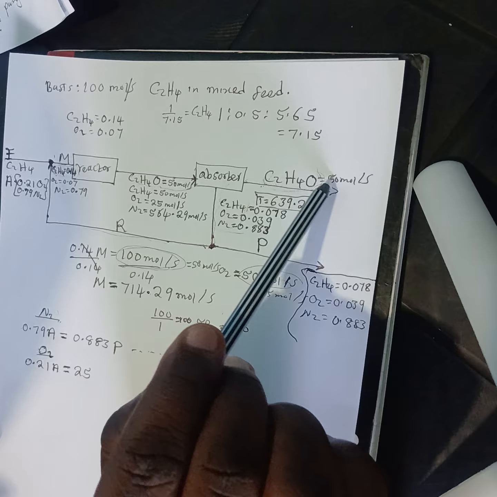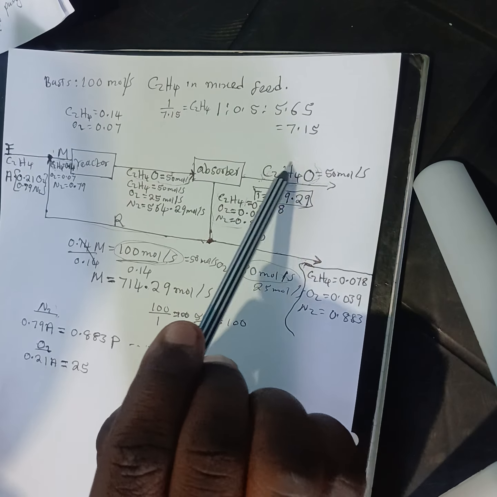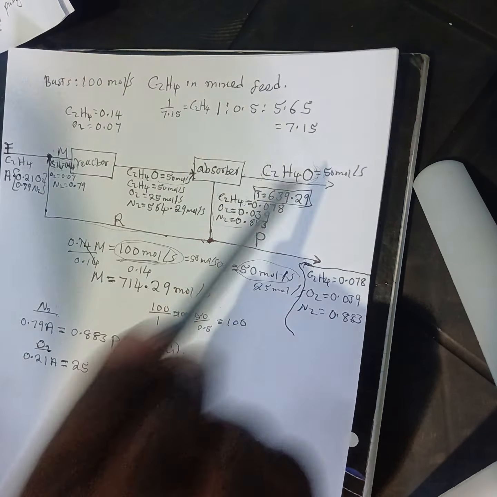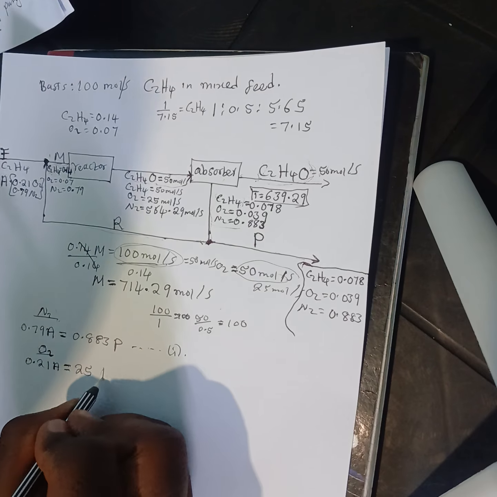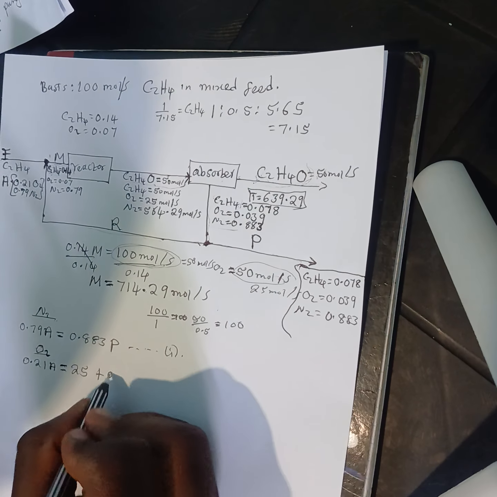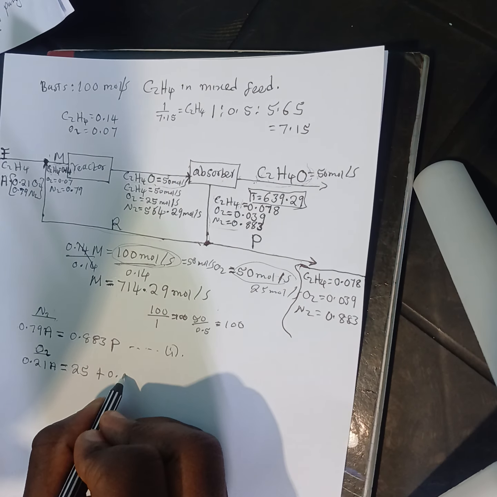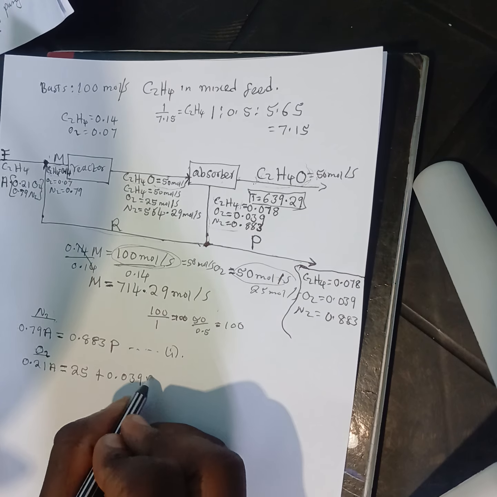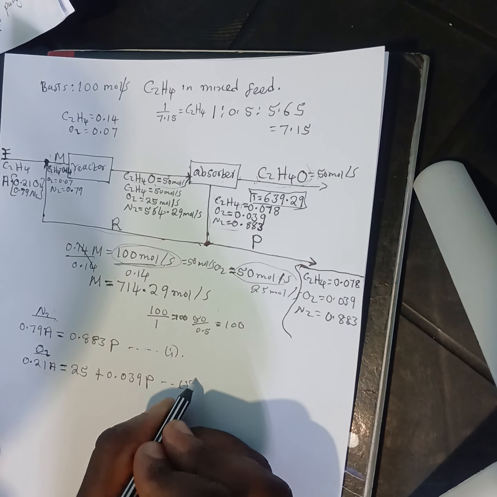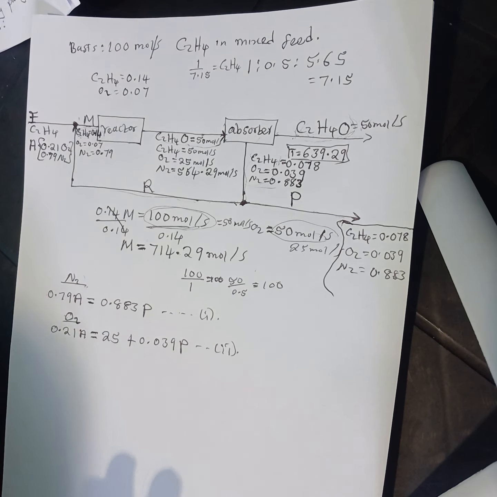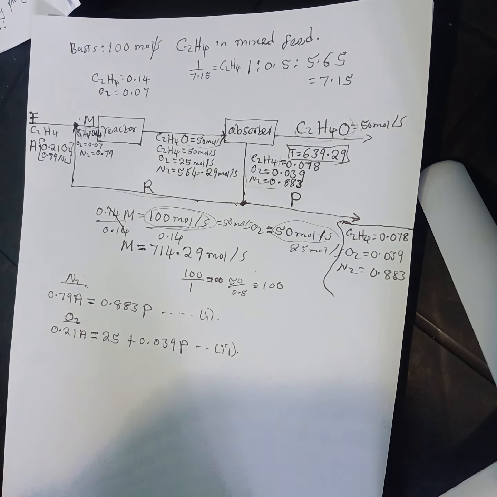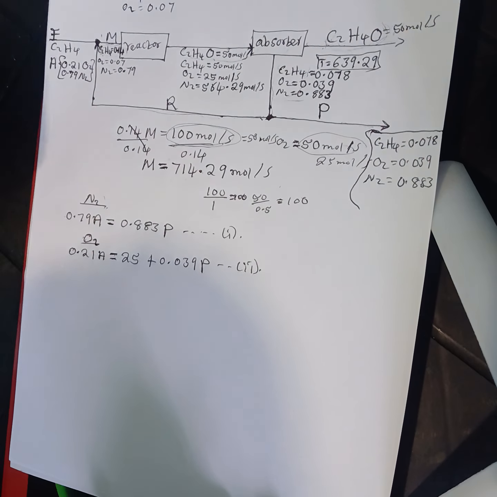That's the amount of oxygen that is present in the product stream there. This will be plus 0.039 of P. So we have accounted for all the oxygen that is present in the chemical process.